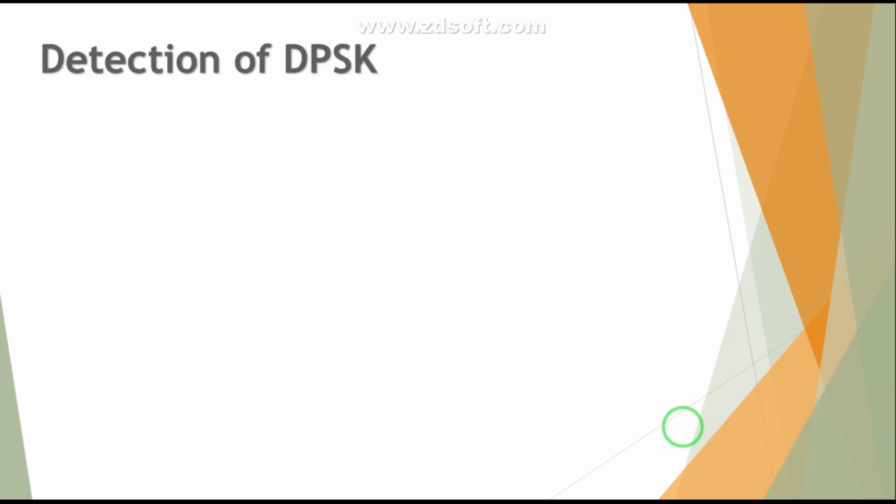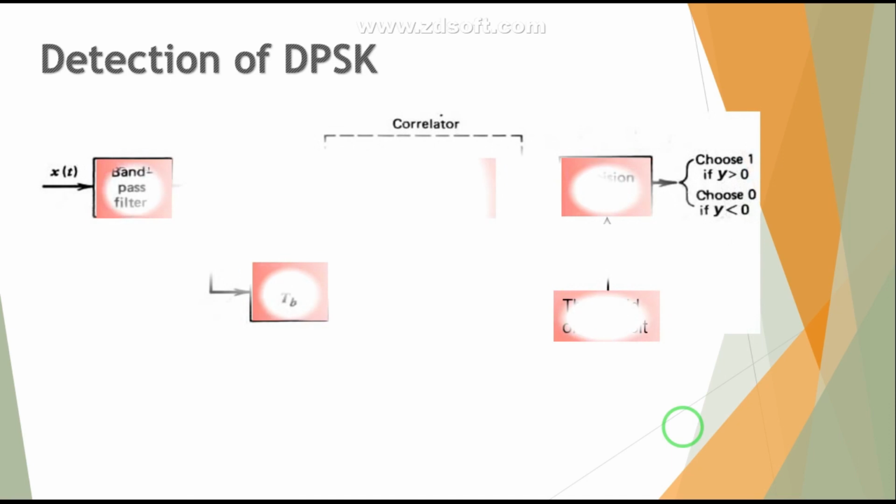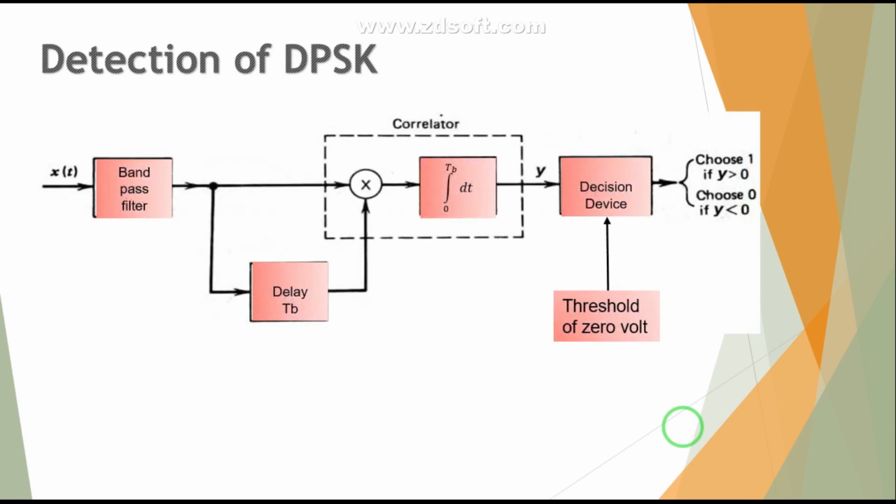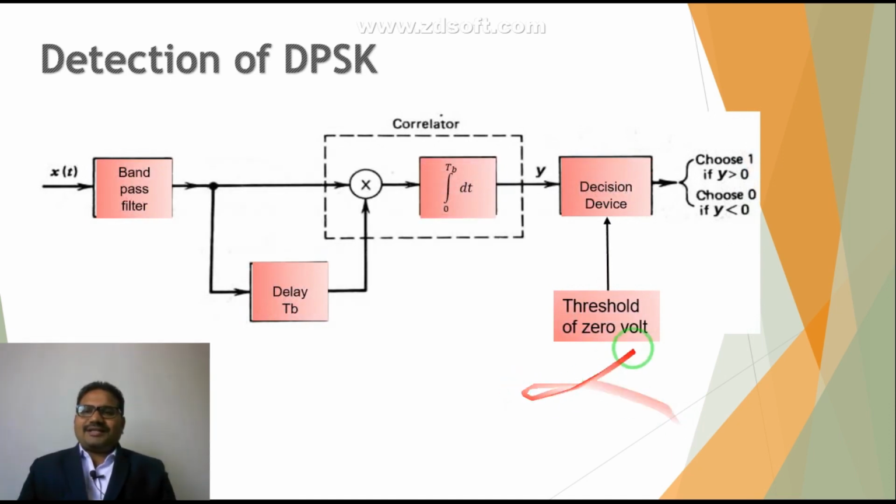Now moving towards the detection of DPSK. This is the block diagram of the detection of DPSK. It consists of a band pass filter, then a multiplier. This multiplier takes this DPSK signal and a version of this DPSK signal delayed by 1 bit, and it is given to the product modulator.